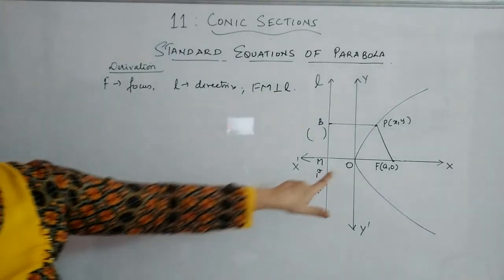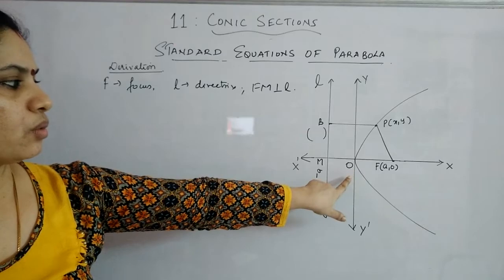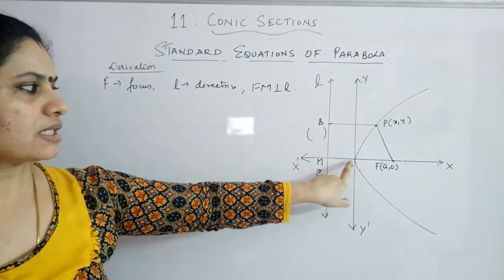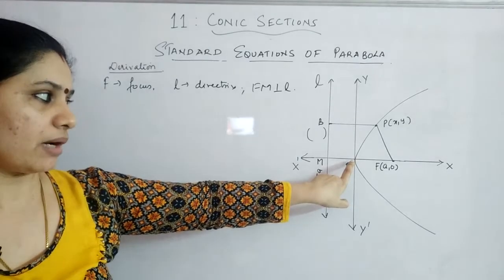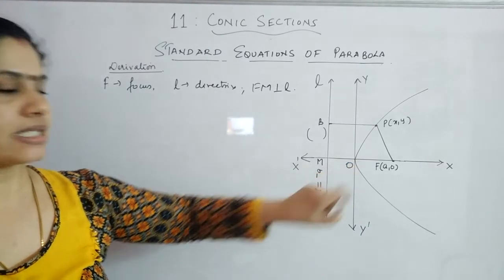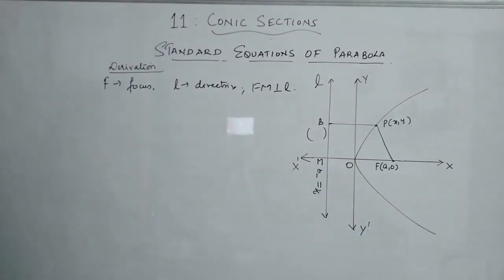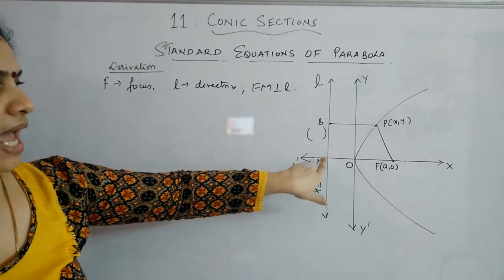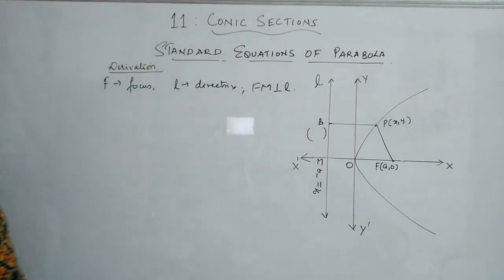Now again, this O is actually a point on the parabola, so we can say that this is acting as the vertex of the parabola. Again we will take this as the origin. Now this point O will be acting as the midpoint of FM.